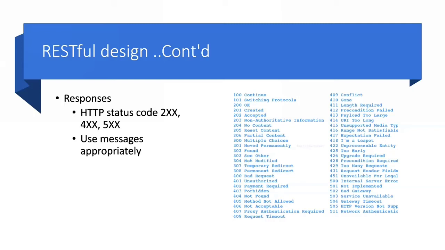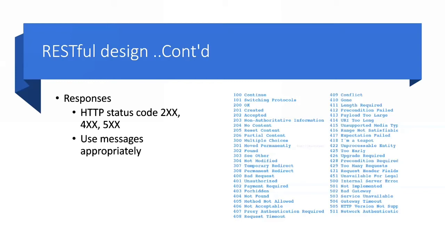While designing these APIs, you need to think about all the different options or status codes that HTTP provides. The popular ones that you have to remember are the 2xx series, and the 4xx and 5xx series, right? So 200, the ones which range in the 200s are the success messages.